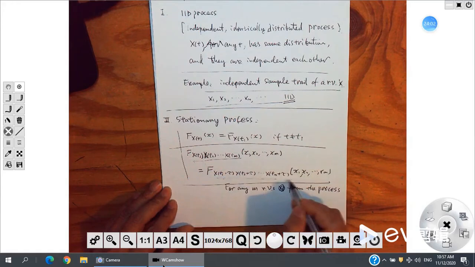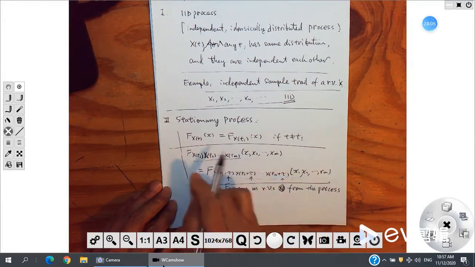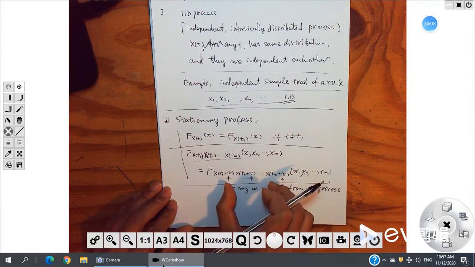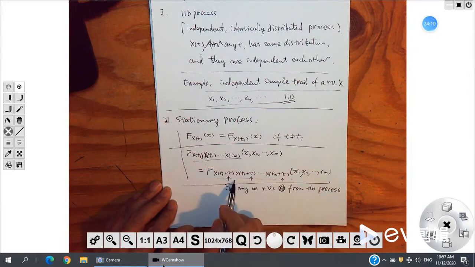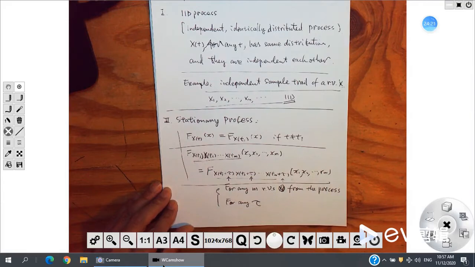This set of m, the index, you see, just plus tau. Then they are the same, for any of them, and for any tau. Okay, so this is a stationary process.